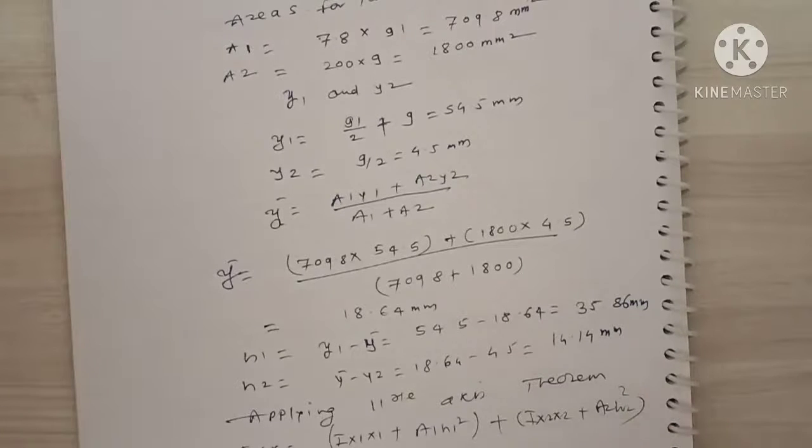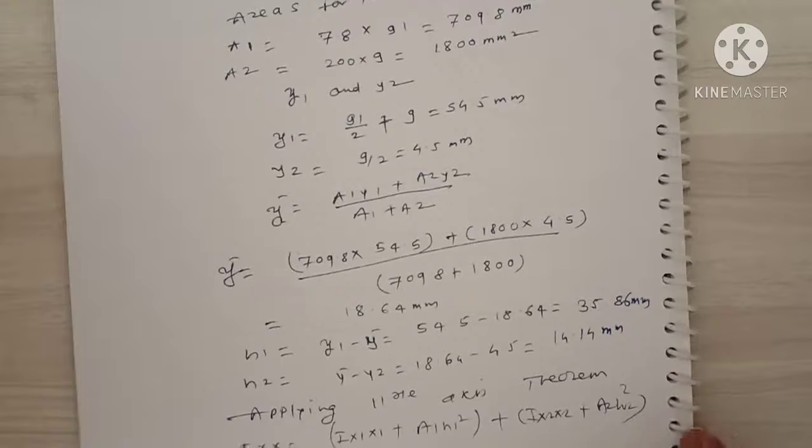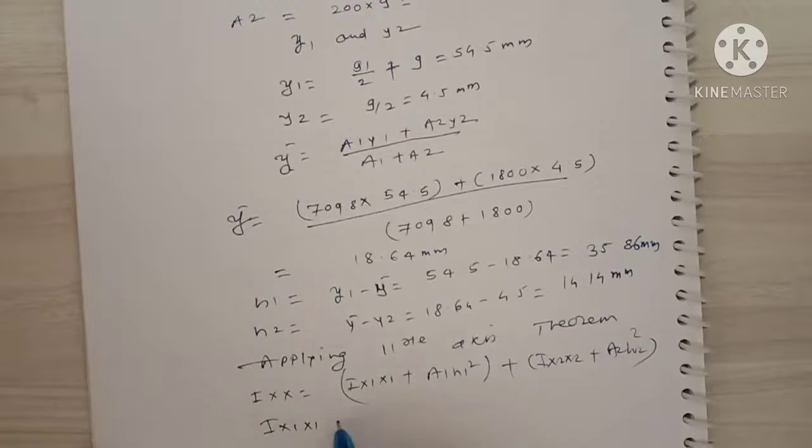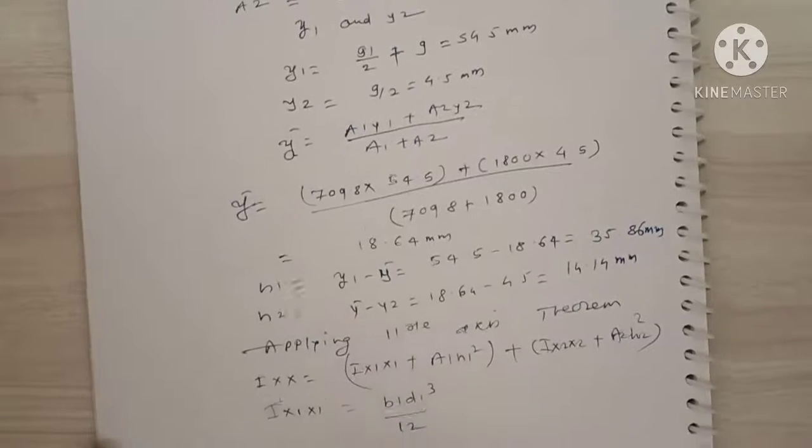Here we take the next step. We calculate Ix1x1, and the formula will be b1 d1 cube divided by 12.